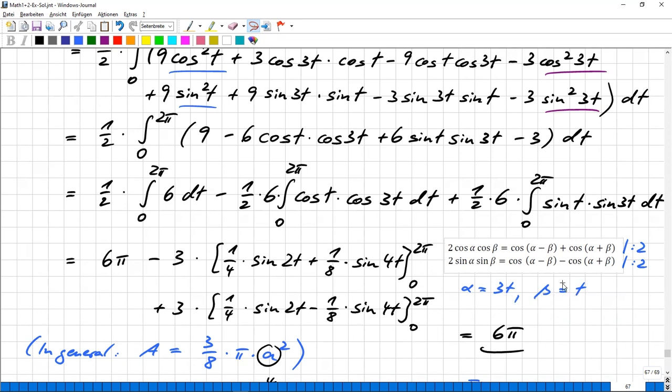In this case, alpha minus beta will be 3t minus t, which is 2t, and the sum alpha plus beta will be 4t. That's what I did. Look here, 2t, 4t.